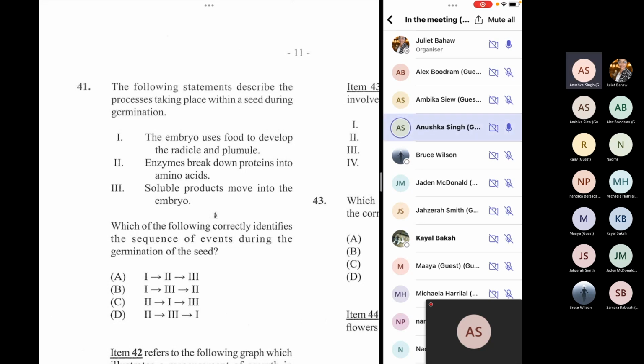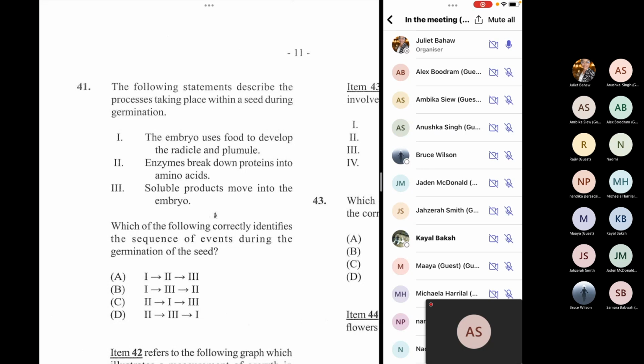No, I had B. Embryo uses food to develop. Now, before the food could be used, the enzymes have to break it down. Enzymes must break down the food. So first, when I say soluble products moving, they're talking about water entering. So water enters, then the enzyme activates, and then the food is now used for the growth purpose. So respiration could take place.